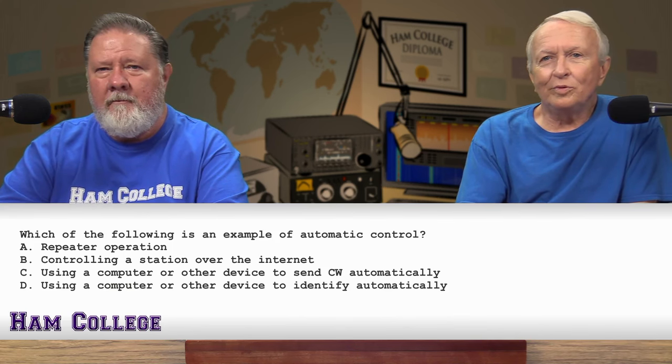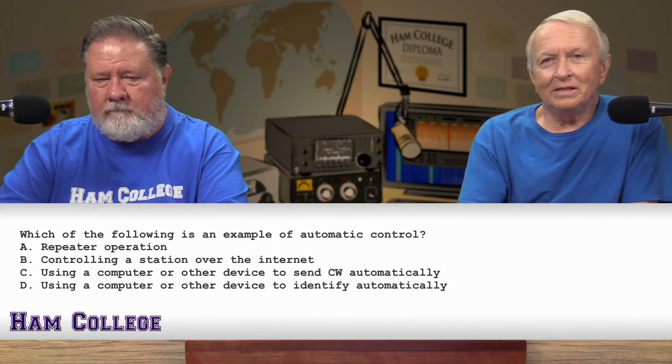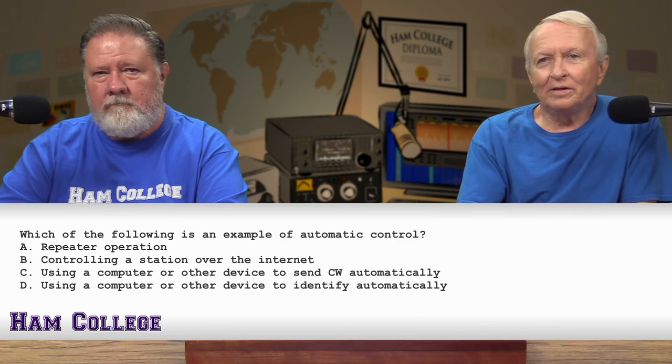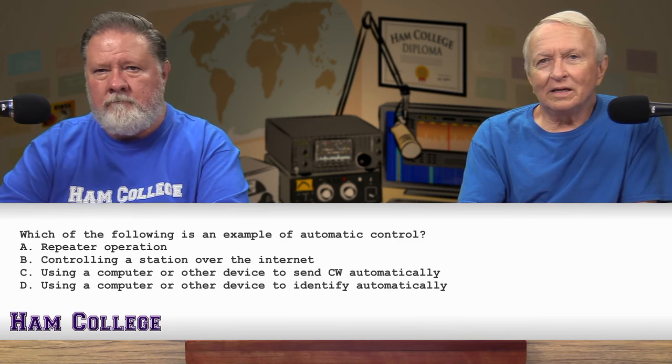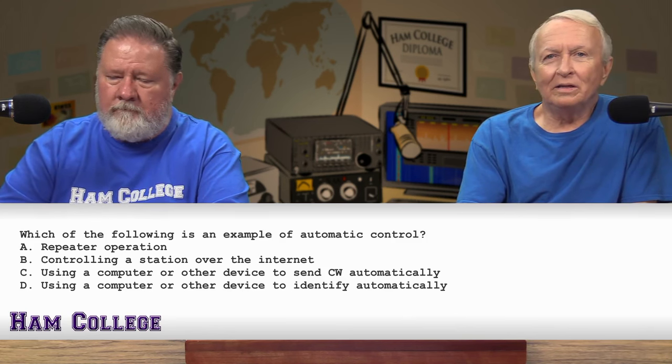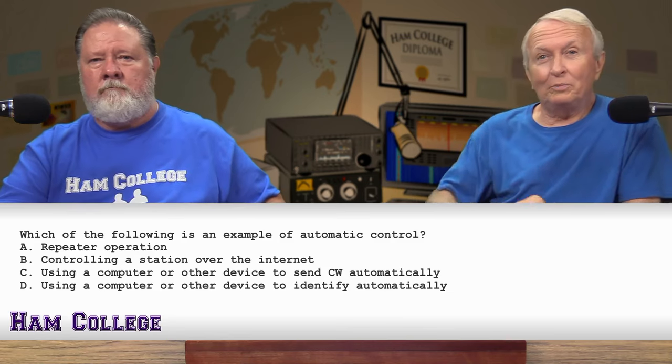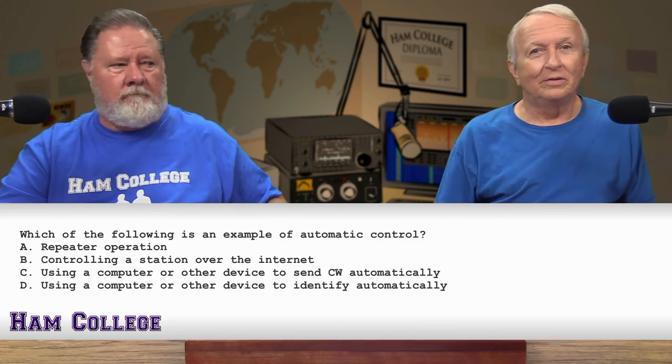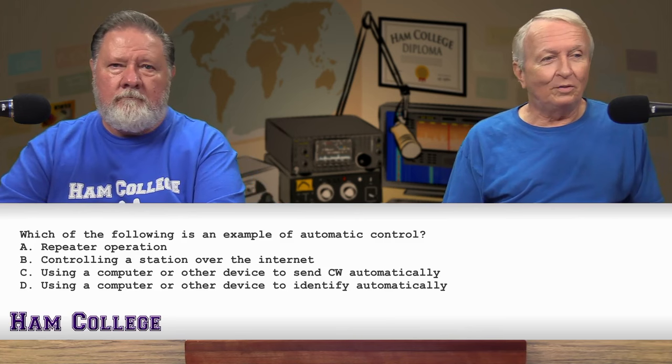C, using a computer or other device to send CW automatically. I don't think that's it. D, using a computer or other device to identify automatically. No, I don't think that's it. I think it's either A or B. I'm leaning toward A, and I'm probably wrong. Something tells me I'm wrong.